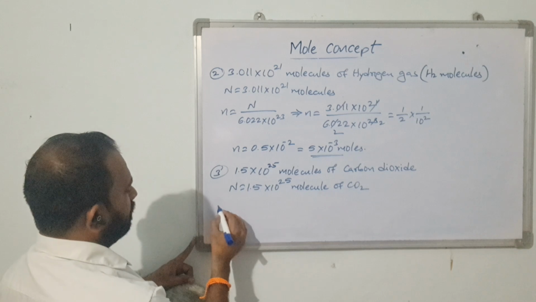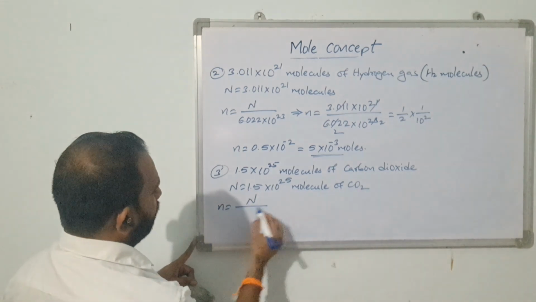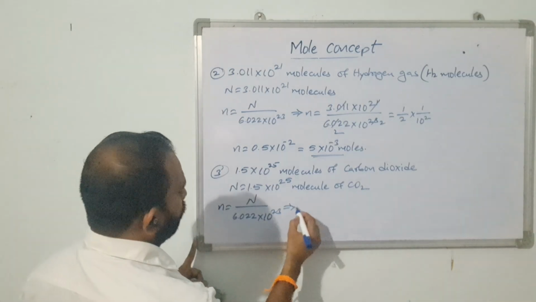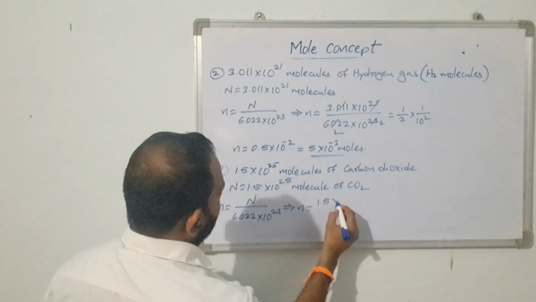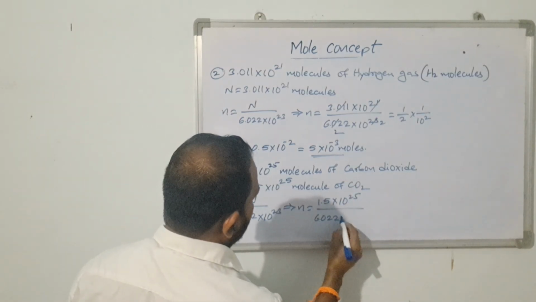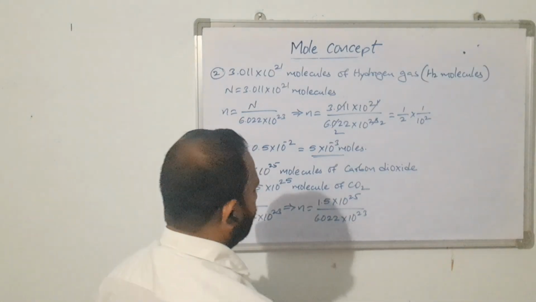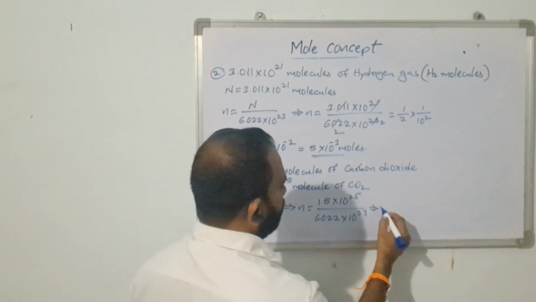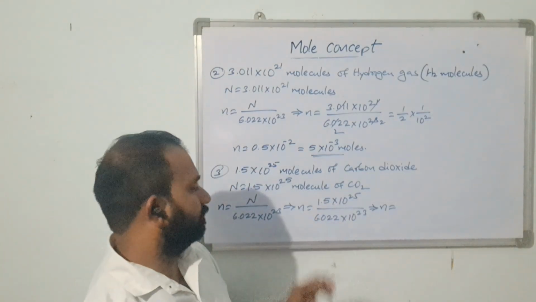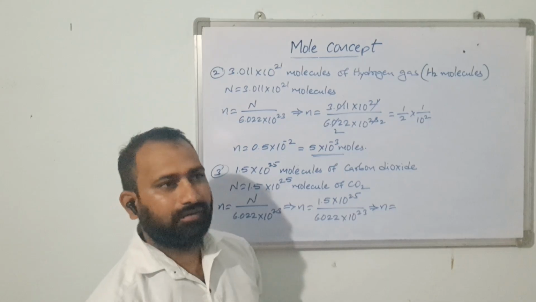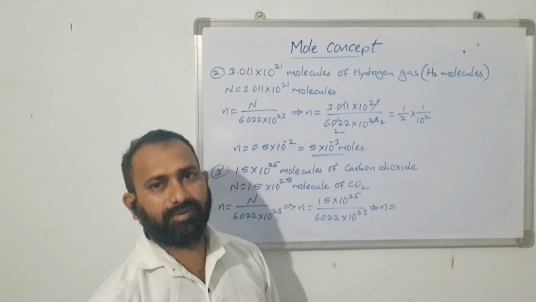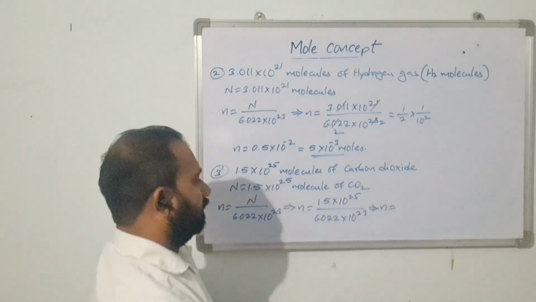Okay. Let's substitute these values in the equation. That is n is equal to N by 6.022 into 10 power 23, that equal to 1.5 into 10 power 25 divided by 6.022 into 10 power 23. Okay, children, you should remember one thing. Here 1.5 is given, 6.022 is given. When this type of questions are given, we will get answer in decimal.